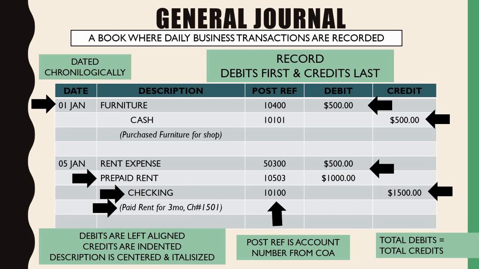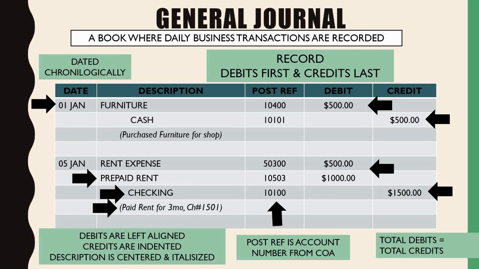But here we also need to have an equal and opposite idea, right? Our debits must always match my credits. Now, again, if you look at this example here, I can split my debits into multiple accounts, as long as at the end of my journal, my total debits match my total credits.